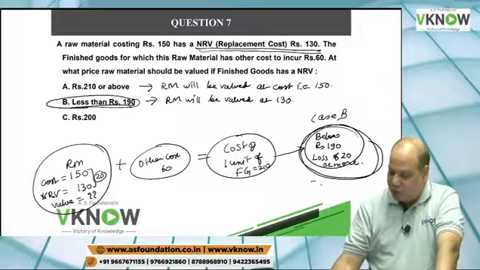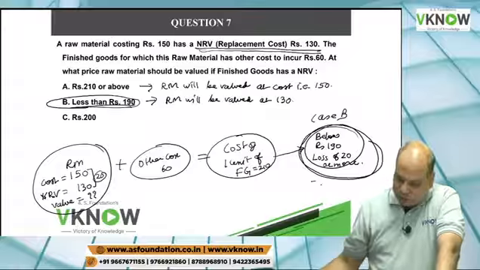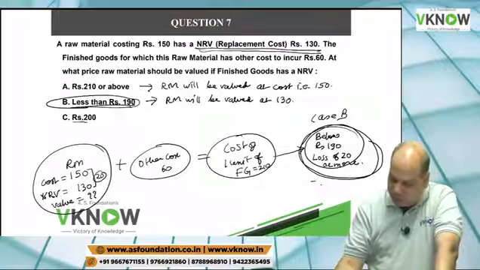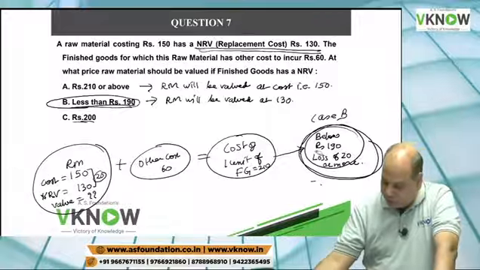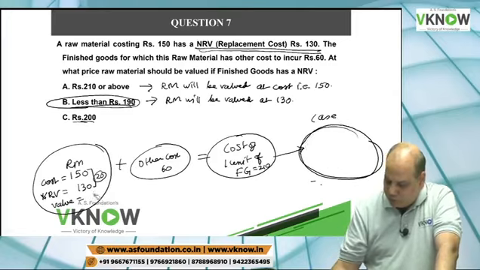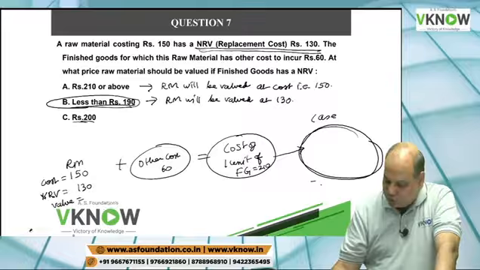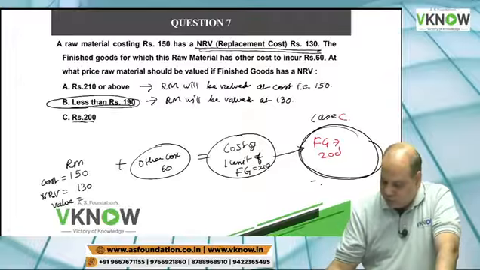And now my next question is, if finished goods is sold at 200 rupees, please answer now. Finished goods can be sold for 200 rupees.